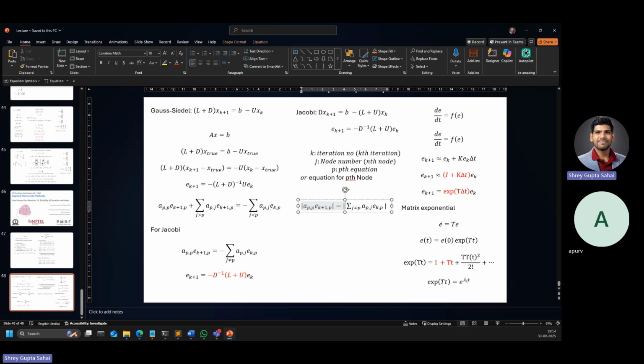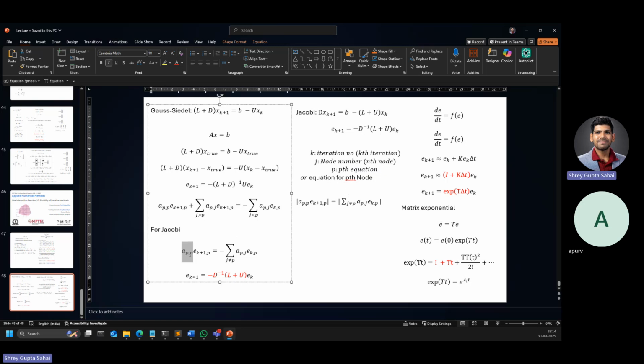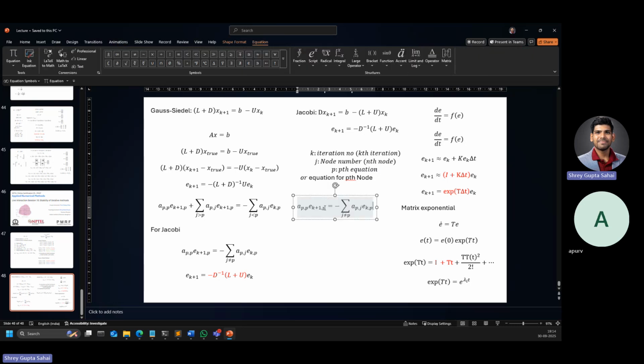What else can I do? Can we move forward with this? Let me think. Actually, a more convenient formulation would be this, to see how the Scarborough criteria will come. So we divide this thing by AP also.